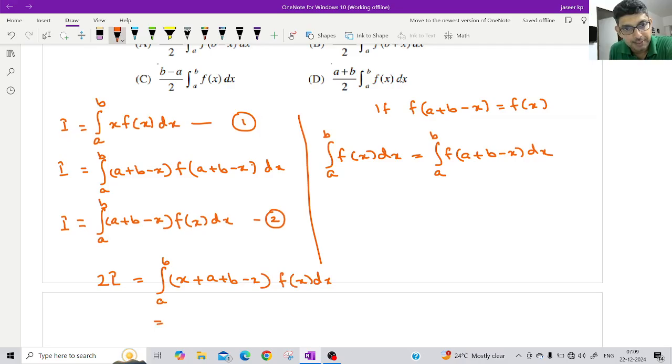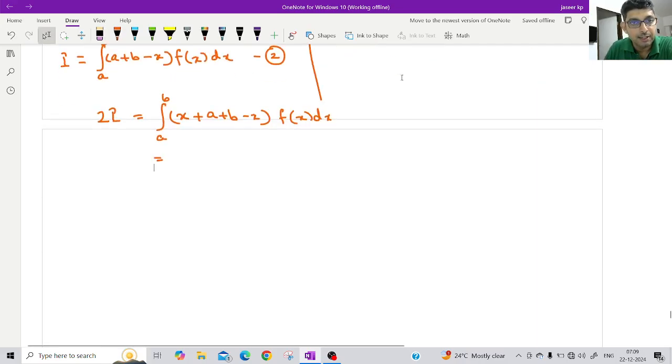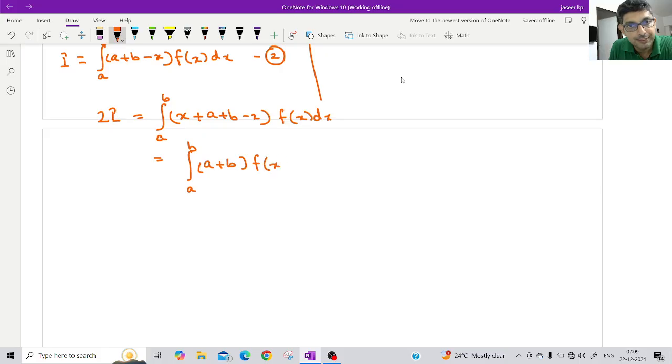So that means it is integral a to b of (a + b) f of x dx. Therefore I is equal to (a + b) divided by 2 times integral a to b f of x dx.